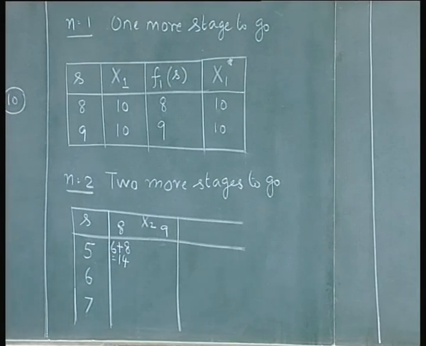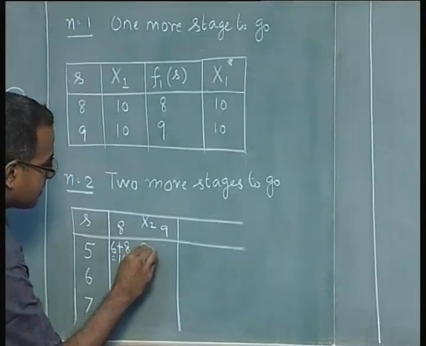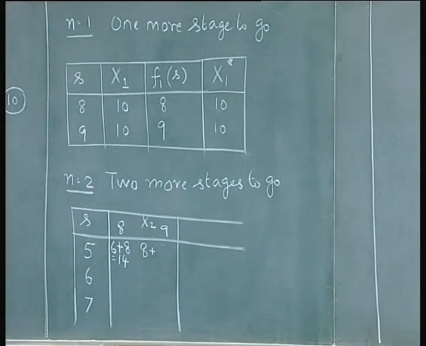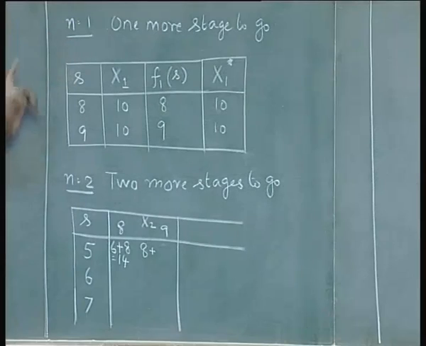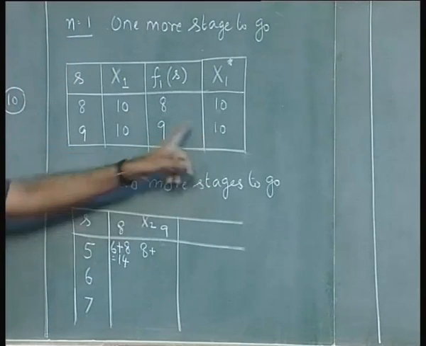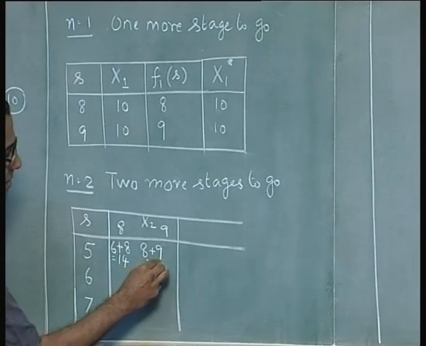Now if the person is at 5 and decides to go to 9, there is a distance of 8, and the best way to go from 9 to destination is already there in the previous table. So 9 to destination, additional distance of 9, so this becomes 8 plus 9 equal to 17.